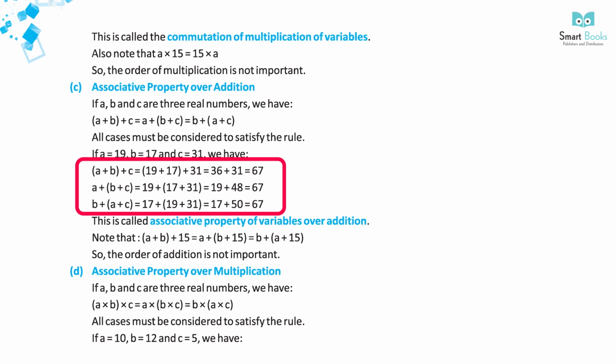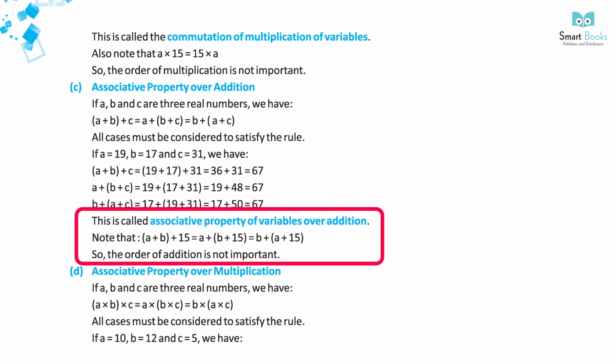A plus b plus c equals 19 plus 17 plus 31 equals 19 plus 48 equals 67. b plus a plus c equals 17 plus 19 plus 31 equals 17 plus 50 equals 67. This is called associative property of variables over addition.